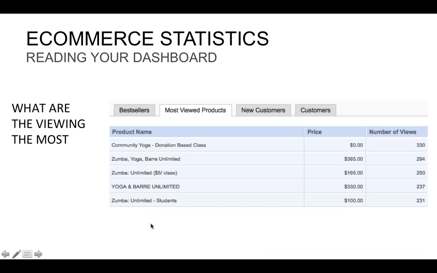These are all subscriptions to the entire semester, right? So when you buy an unlimited pass, this is unlimited Zumba yoga and bar, unlimited Zumba, unlimited yoga and bar, or unlimited Zumba for students. These are people that are purchasing the full class pass, and that's why you're seeing lots of registrations at the beginning of a semester.